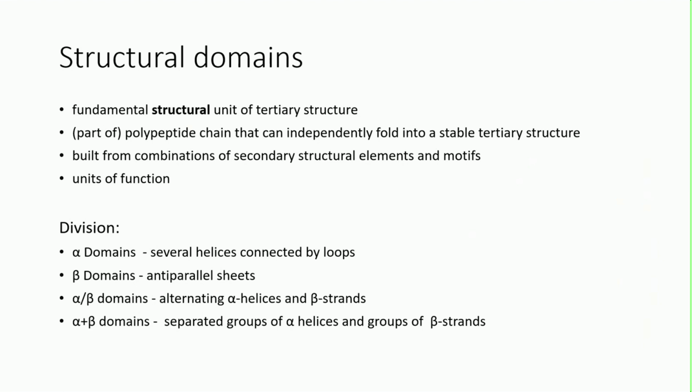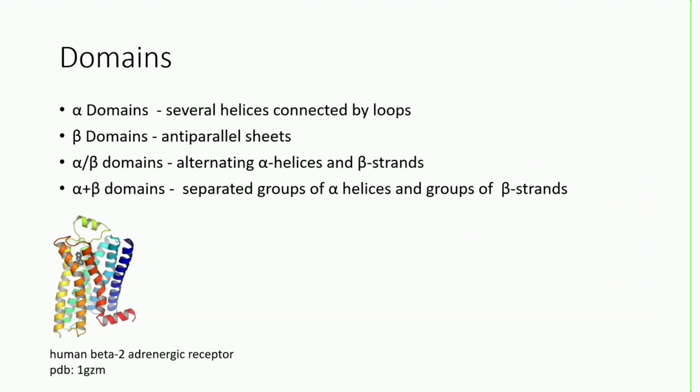In the protein, they can typically be only alpha domains, which means parts based on the helices, or only beta domains, parts based on beta pleated sheets, or combinations of alpha and beta domains that can be either alternating or separated in regions.